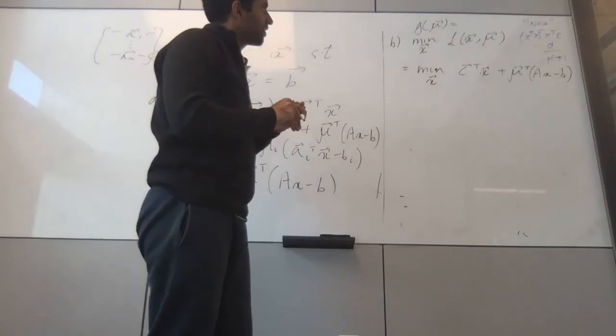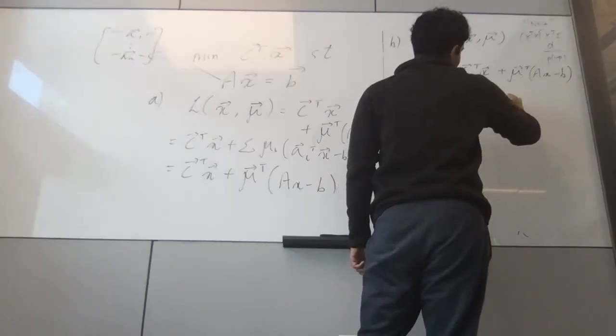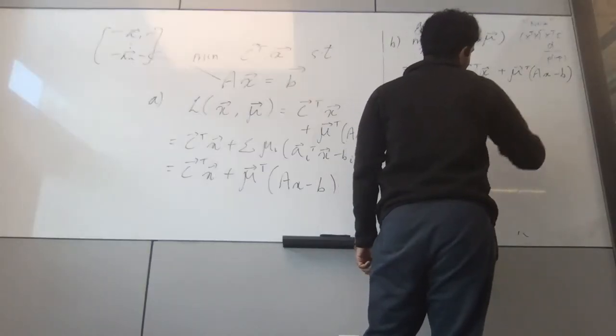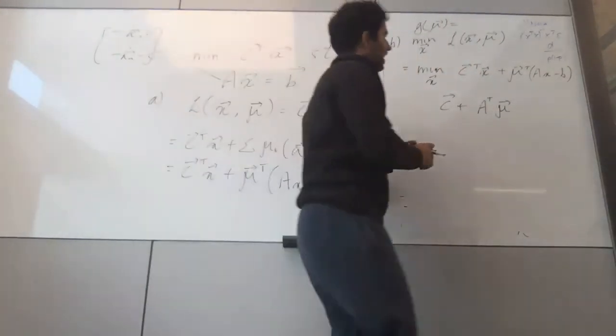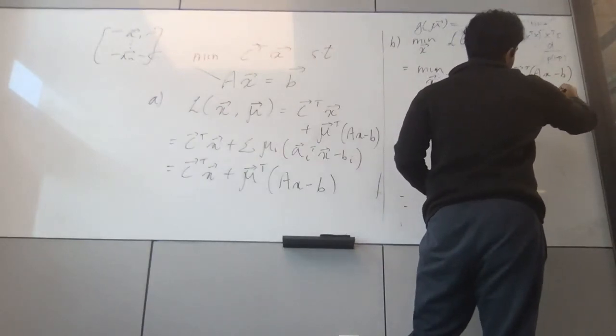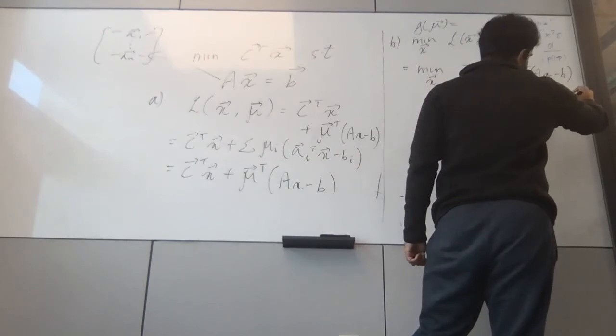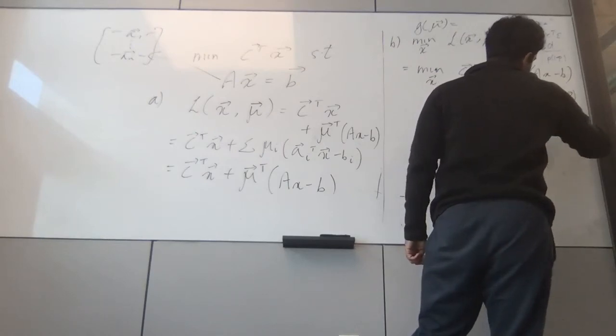What am I going to get? c transpose plus mu transpose A. This is mu transpose A x, and this is simply (A transpose mu) transpose x.